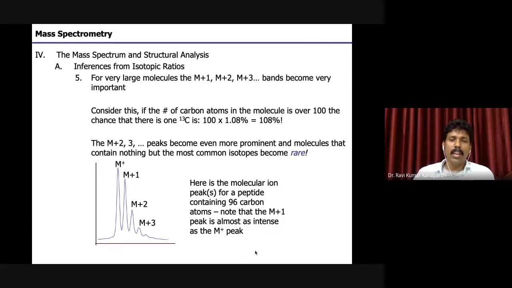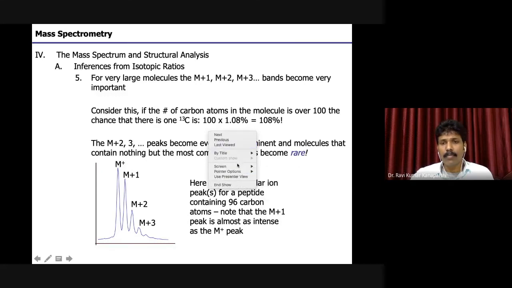Okay, and as I told you, for example, you may have a big peptide where you have 100 carbons. In that case, what is the abundance?